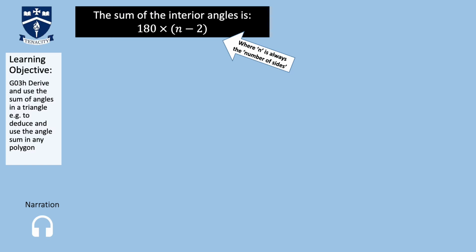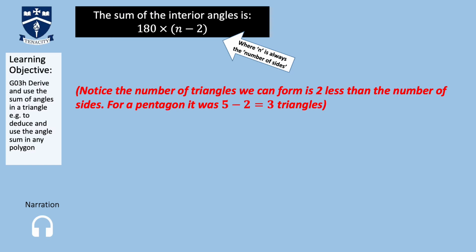In general, therefore, we say as a formula, the sum of the interior angles in any polygon is 180 degrees, which is one triangle, multiplied by n minus 2. N is number of sides, take away 2, where n is always number of sides.